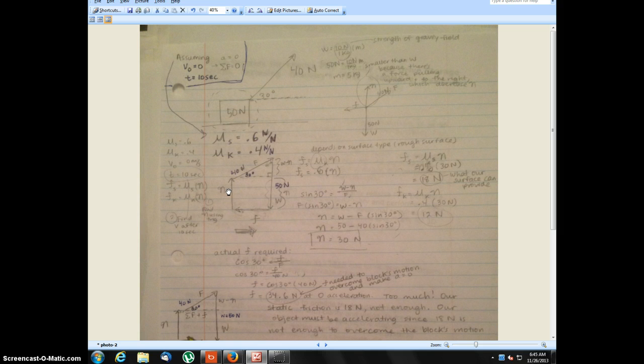And the way we do that, we just use our trigonometry skills. We know this whole entire side is our weight, but we want this little piece here. And we're just going to subtract the normal force from the weight, and we'll get weight minus normal force for this little length.